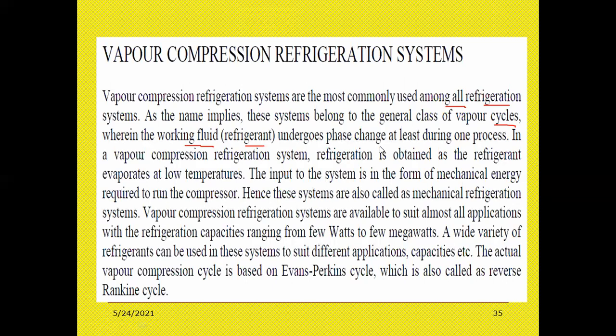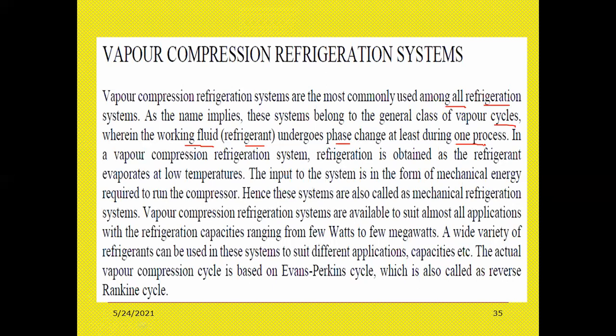These refrigerants undergo phase change, at least during one process.